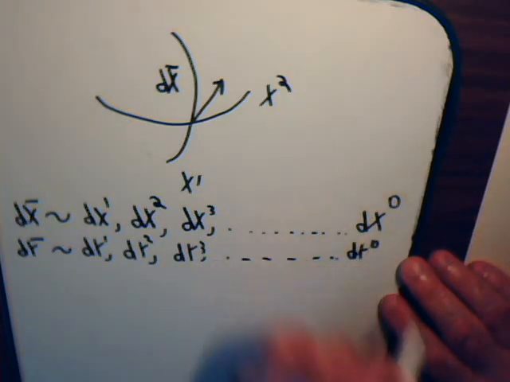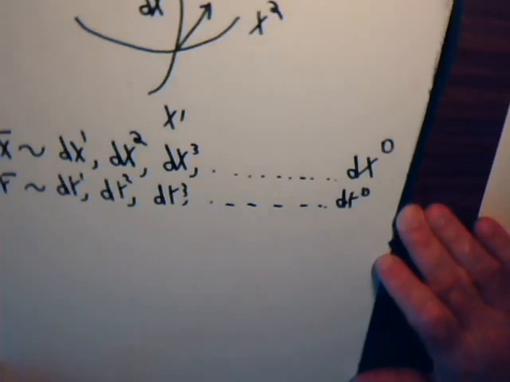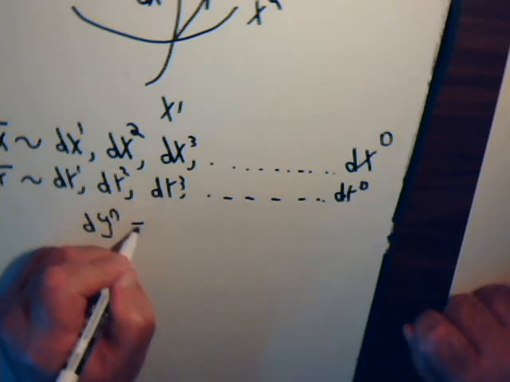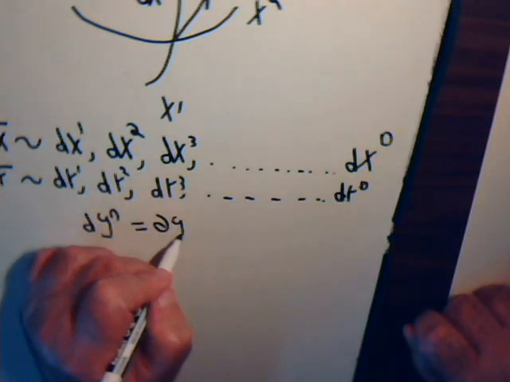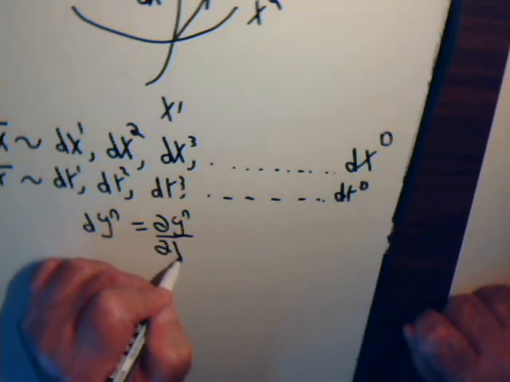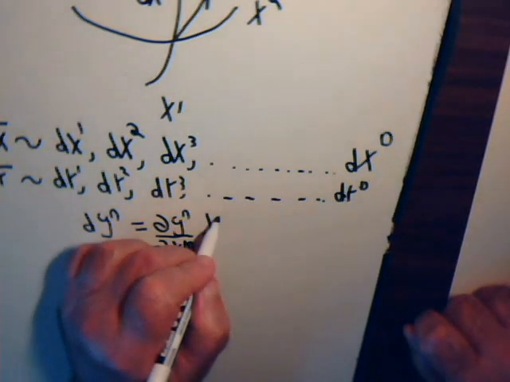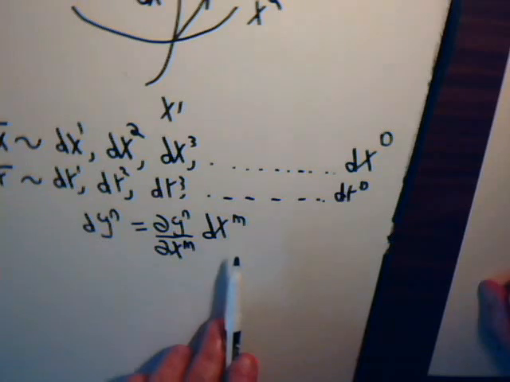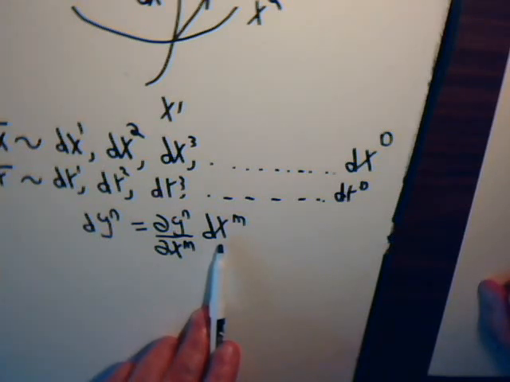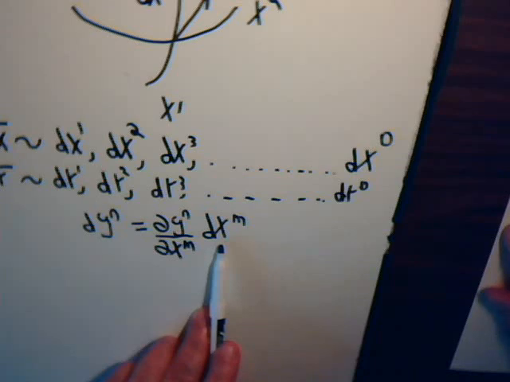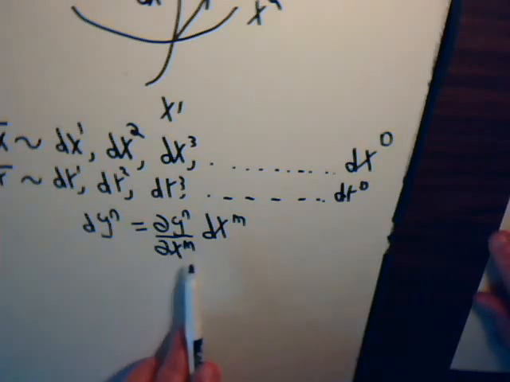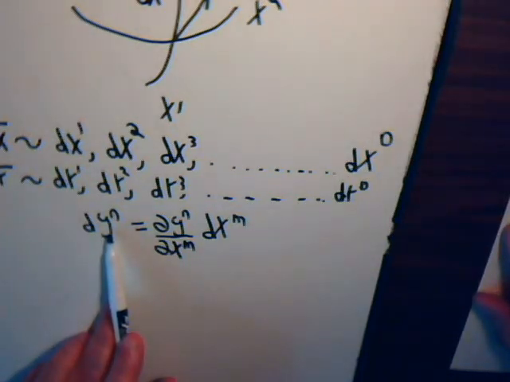Now, what we established in the first video was this formula. Here we have a particular component of the displacement vector in the x-coordinate system, and by taking these partial derivatives and summing over this repeated index, that gave us the corresponding component of the displacement vector in the y-coordinate system.